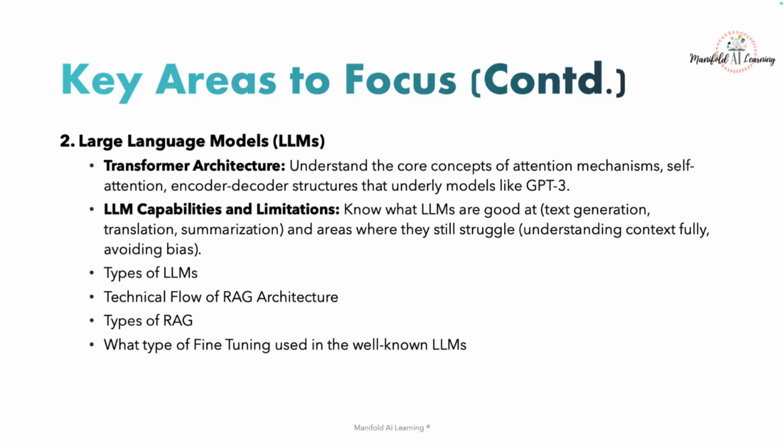And what are the various kinds of large language model training, like zero-shot learning or multi-shot learning? There are various types that we have. What does each actually mean, and what kind of tasks are LLMs good at, and in what areas do they struggle?